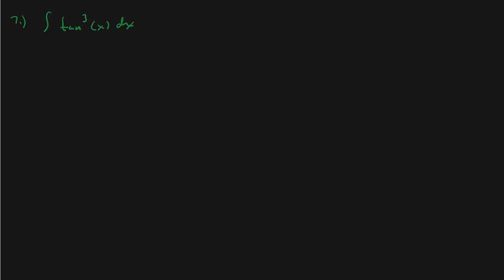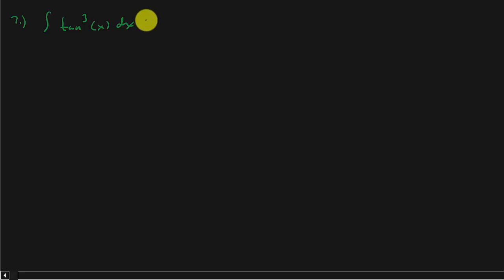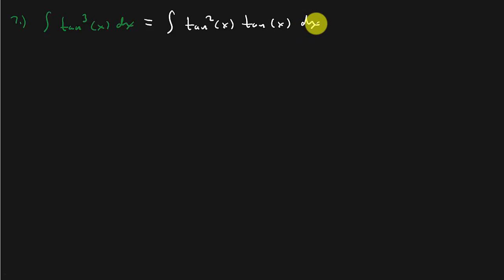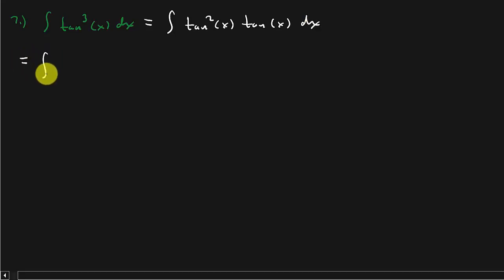So let's try this. Let's write this as tangent squared times tangent. All right. And then let's write that tangent squared in terms of secant. So that's going to be what?